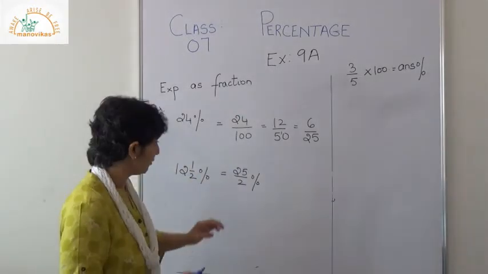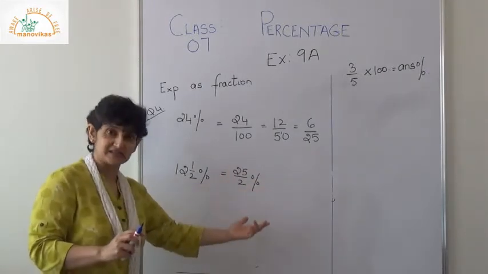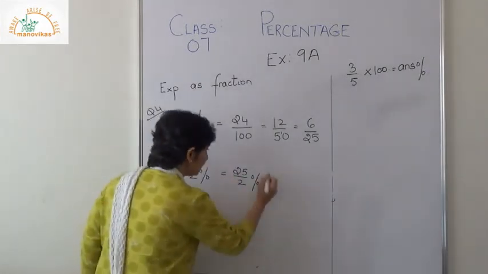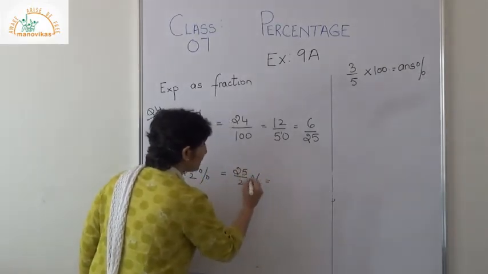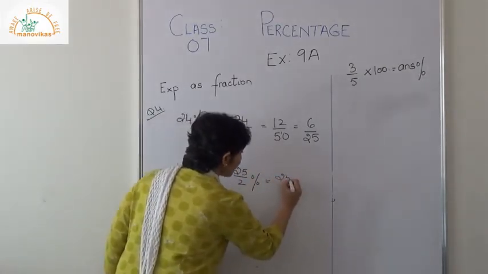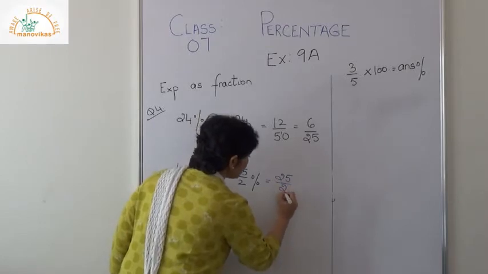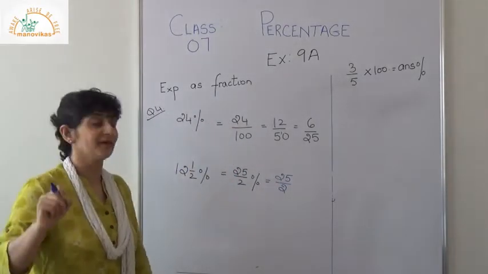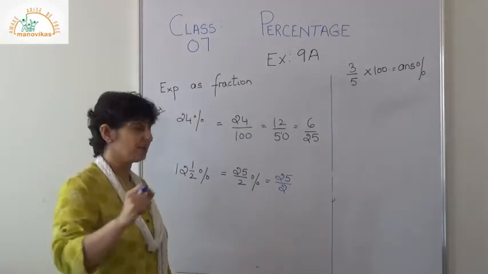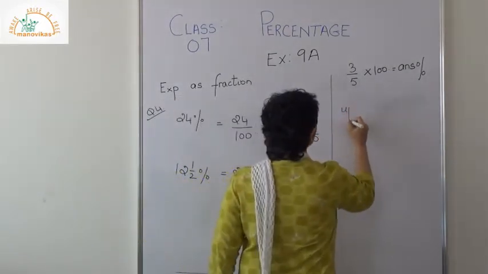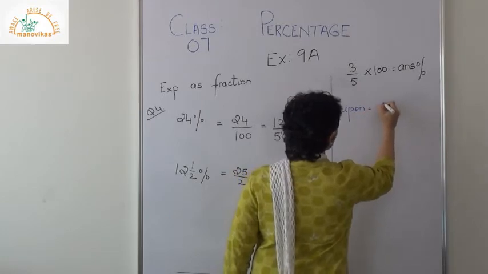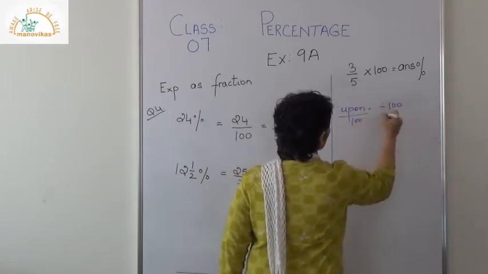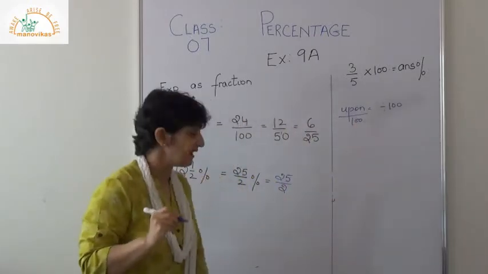Now, whenever there is a percent and you are converting it into a fraction, what is the meaning of this? 25 upon 2% means 25 upon 2 out of 100, upon 100. Always remember, upon 100 also means divided by 100.